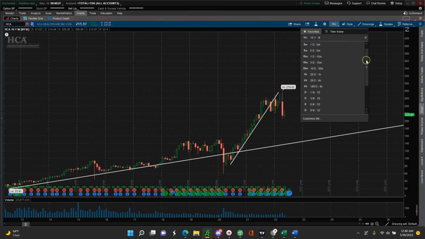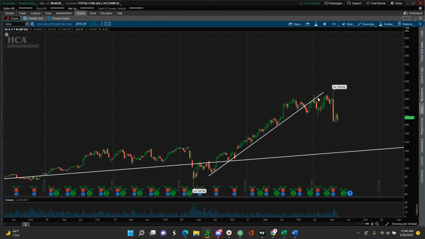All right, let's take a look at the weekly chart. Same thing on the weekly. Overall, this trend is bullish. But the thing about trading is, depending on the time frame that you are using for your context for your trade, you have to give it a reasonable amount of time.